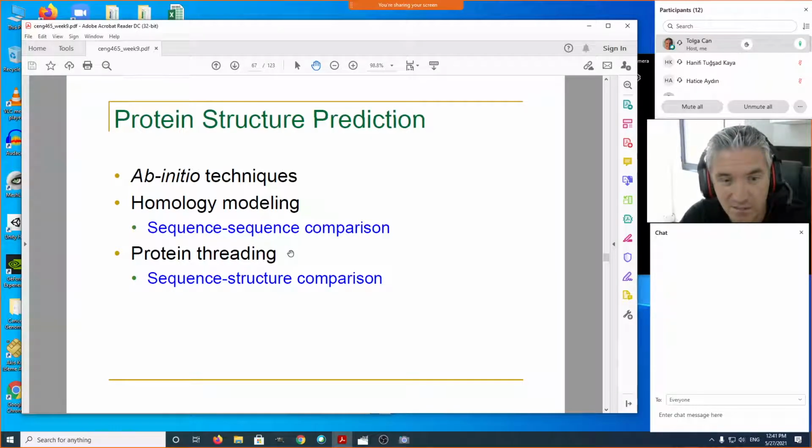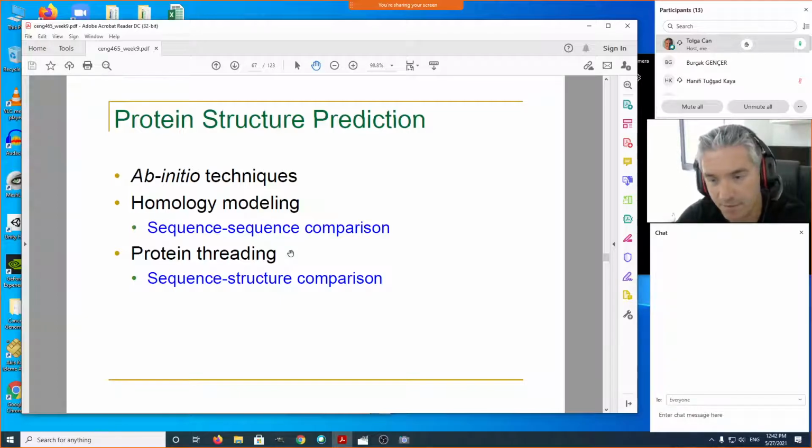As a deep learning model, it probably uses some homology modeling in it because it's based on extensive training data. It may also have some protein threading parts, because homology modeling would not work if we don't have a sequence similarity to a known sequence with structure.